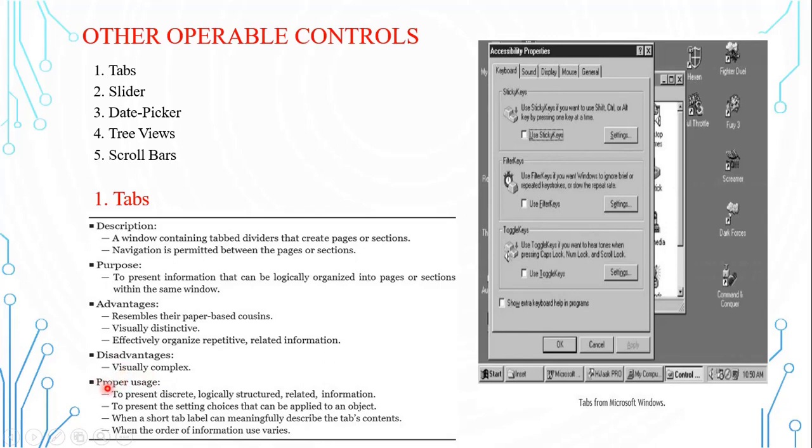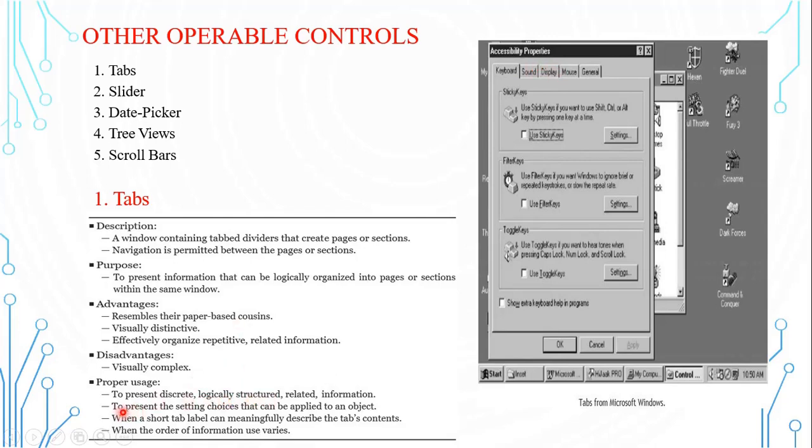Next, we have how you have to implement these tabs. You have to present discrete, logically structured related information, then only can you go for tabs. Suppose you want to show information which is discrete, very separate, or logically separated pages, then you can go for tabs.